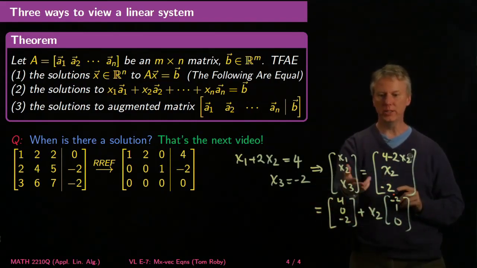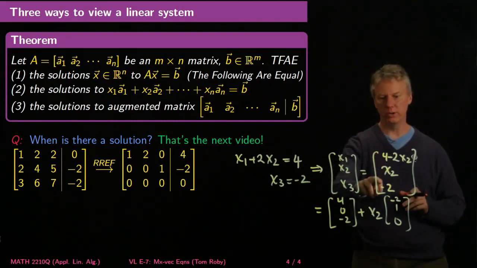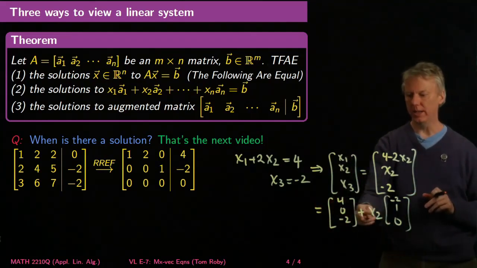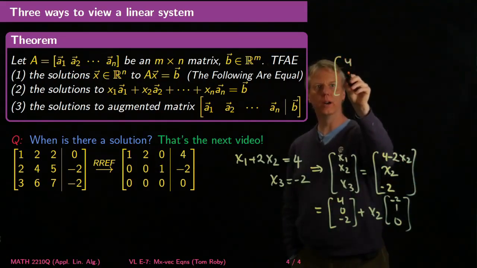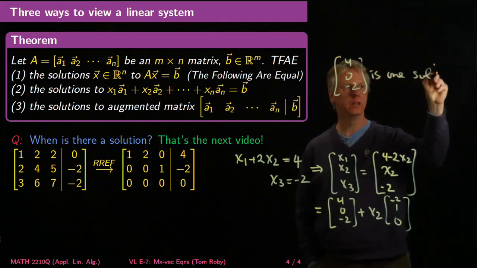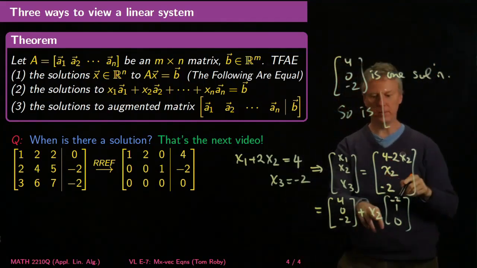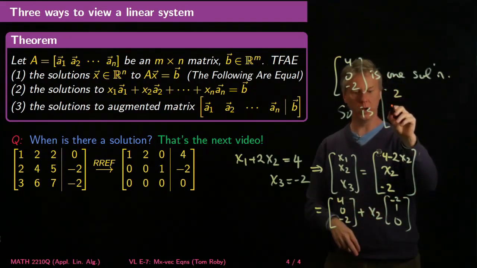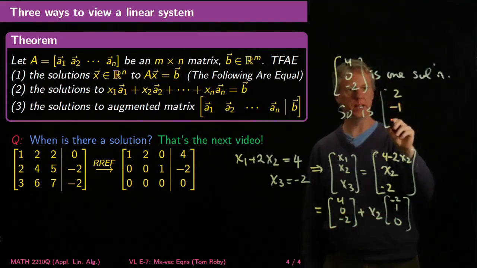But what this means now is that, for example, if I plug in x2 equals 0 into this, I get (4, 0, negative 2). So that's one solution. But so is what happens when I plug in x2 equals 1? Well, I'll get 4 minus 2 is 2, 0 plus 1 is 1, and negative 2 plus 0 is negative 2.